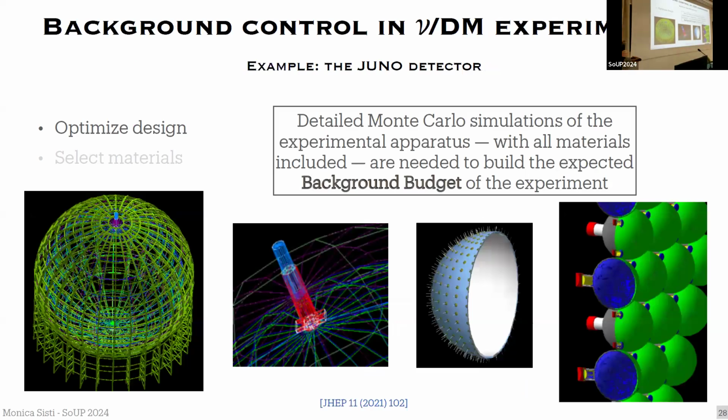This is what you usually have to do with your experiment. Optimizing the design is one important part of background reduction.